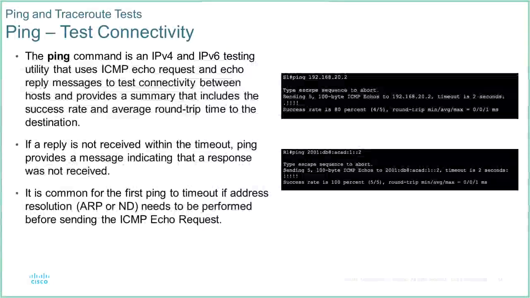That takes a bit of time, which times out the first sequence. So if you ping a second time directly after this or within a few minutes, it already has that resolution and no longer needs it. It just has it in its table and will give you 100% response.